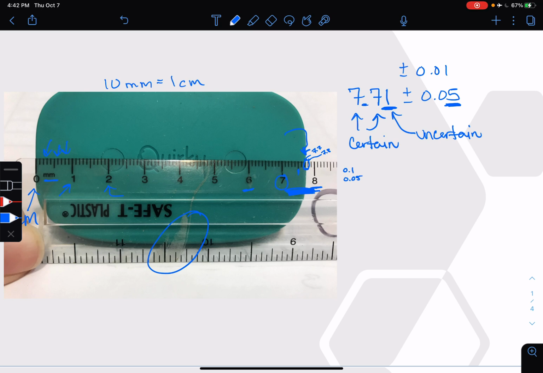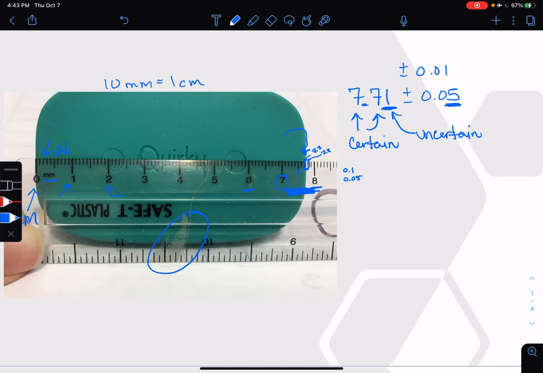So you're saying, okay, I'm going to make a measurement of 7.71, and I'm pretty sure that that's right on. So I'll give a level of uncertainty of plus or minus 0.01. So I'm pretty sure it's 7.70, 7.71, or 7.72.